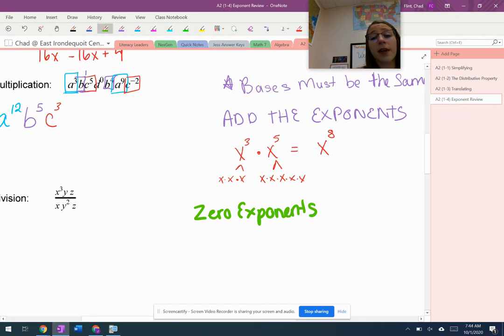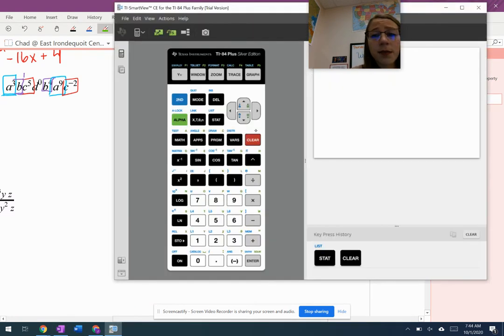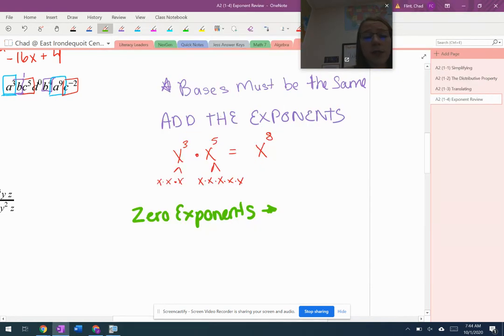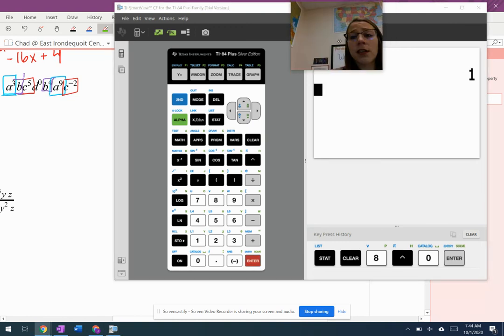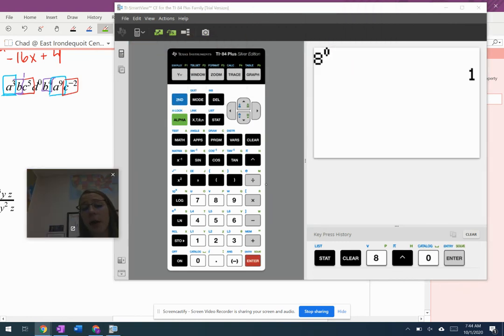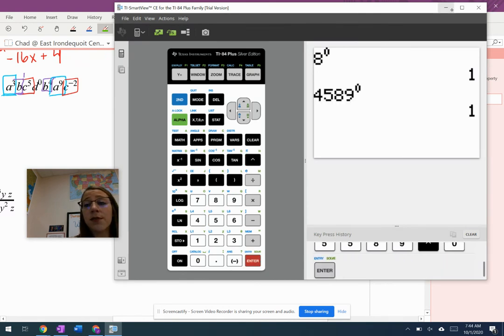Pick any number and plug it into the 0 power and see what happens. I can show you that real quick. So if I do 8 caret 0, enter, you'll see that 8 to the 0 power is 1. 450, whatever big number to the 0 power is 1.